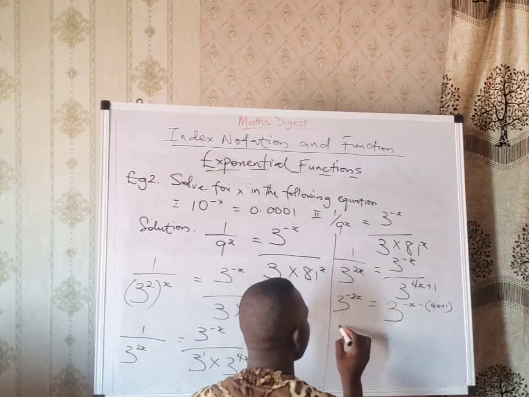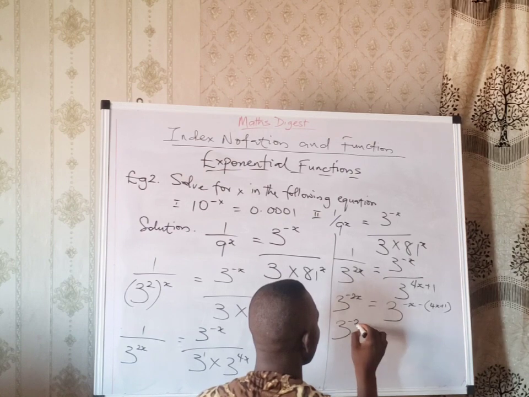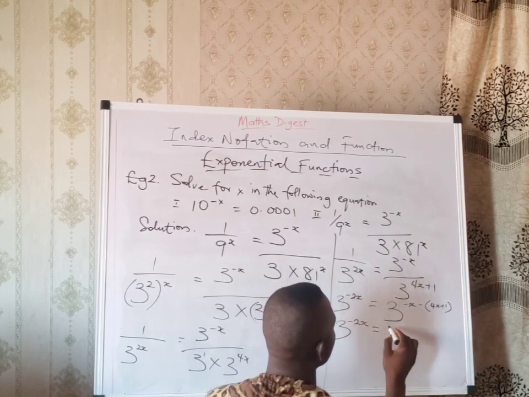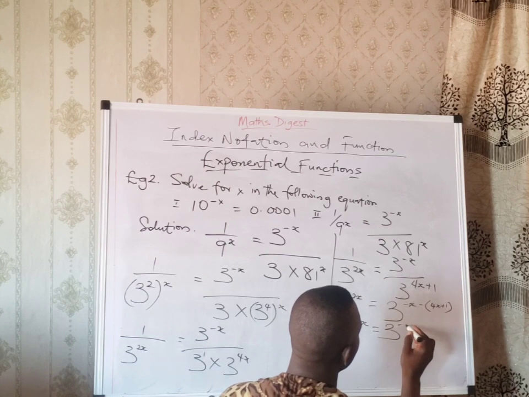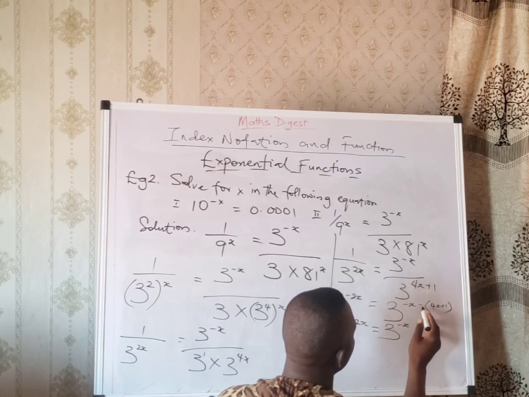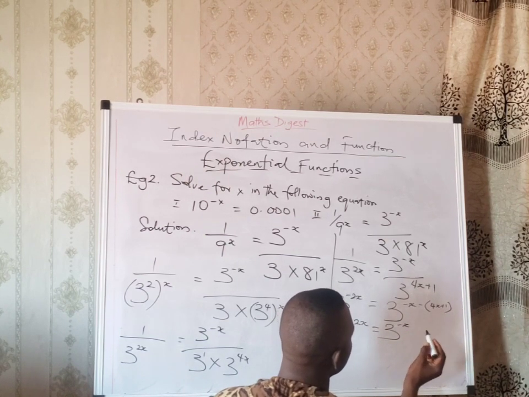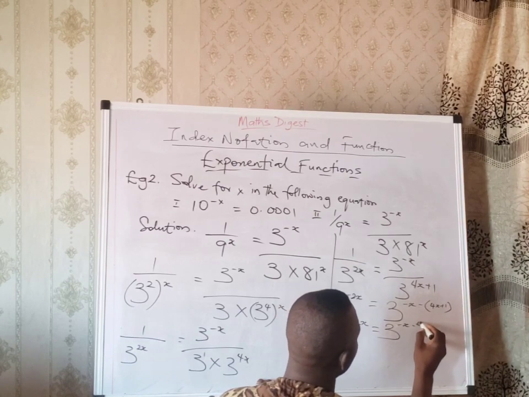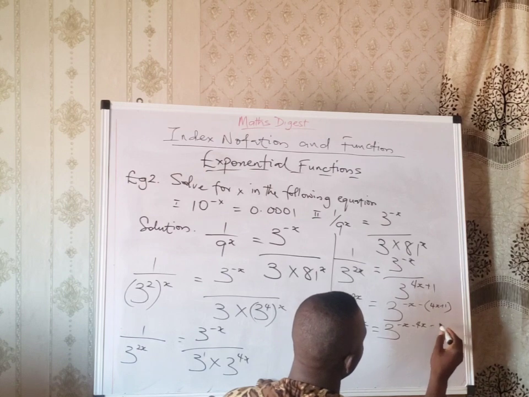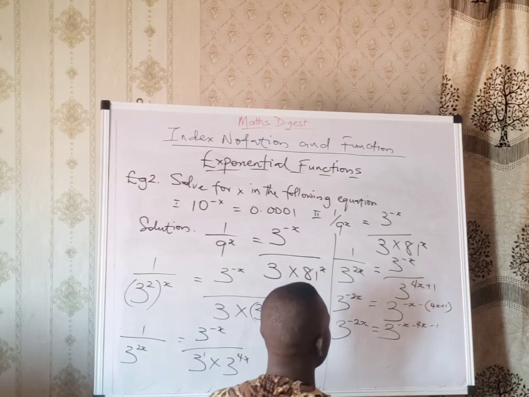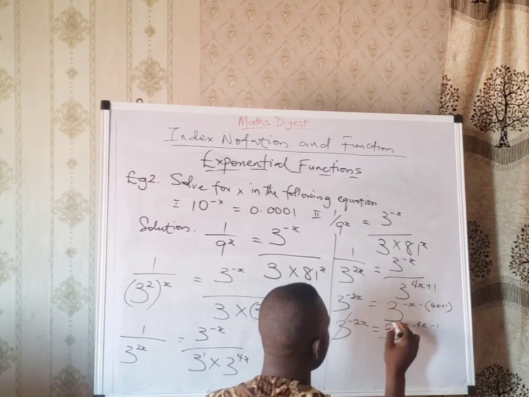So continuing, we have 3 raised to power minus 2x equal to 3 raised to power minus x minus 4x minus 1, which is minus 5x minus 1. So with this we cancel the common base.